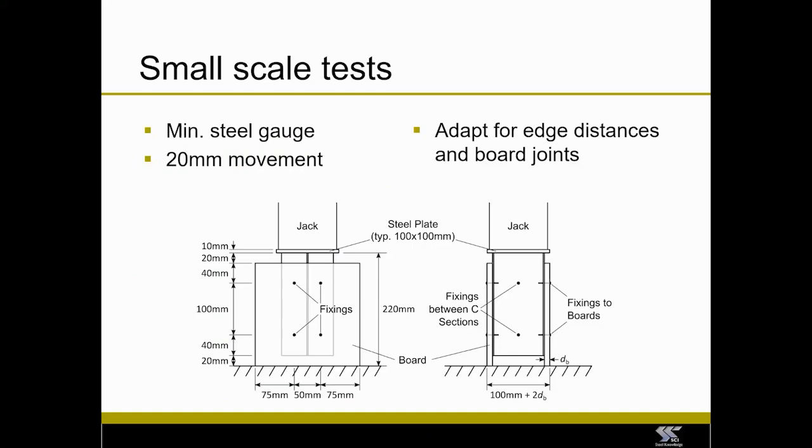Those are the dimensions and everything that we've included within the publication. These are shown as solid board pieces, but you can also include joints, whether they be horizontal or vertical, and position the fixings nearer the edge if you want to examine the behavior of fixings near the edge of boards, for example.